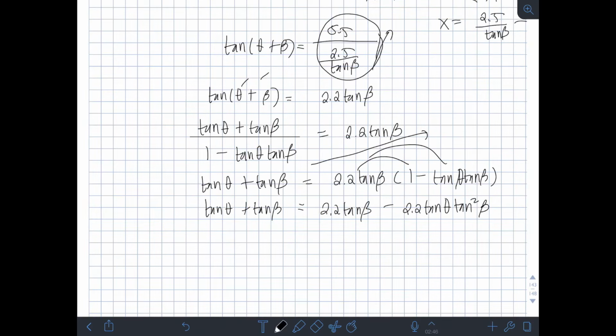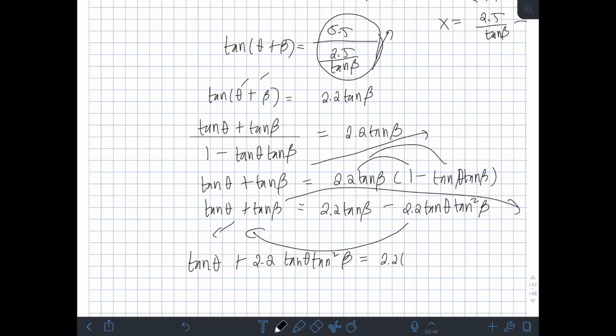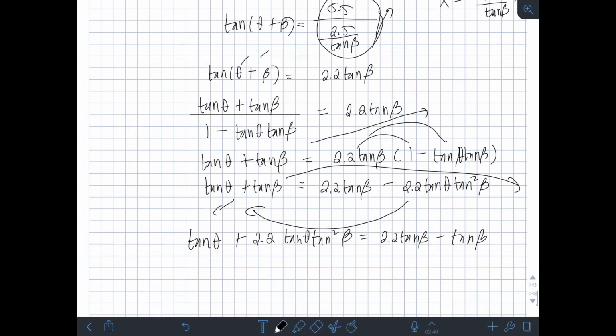plus tan beta is equal to distribute 2.2 tan beta minus 2.2 tan theta tan squared beta. Ngayon, isolate ko dito yung may mga tangent sa left. So, transpose ko to, transpose ko to. So, tan theta plus 2.2 tan theta tan squared beta is equal to 2.2 tan beta minus tan beta. So, factor out ko tong tan theta.